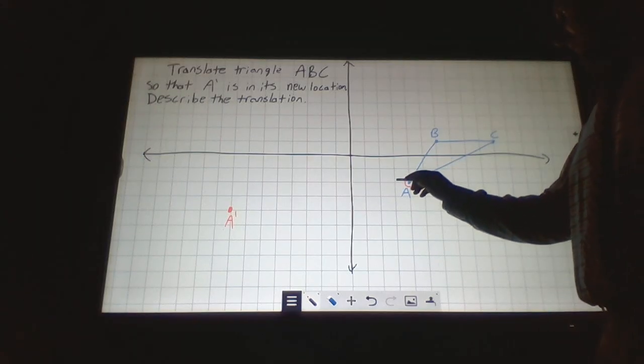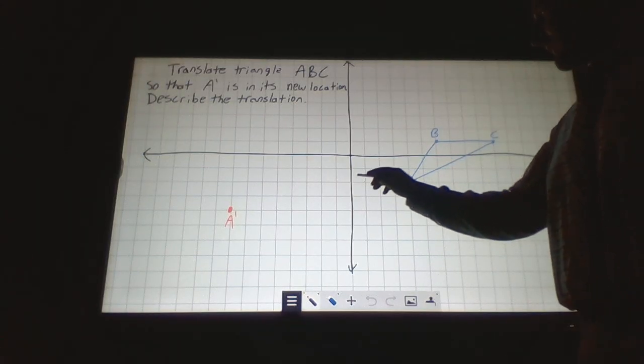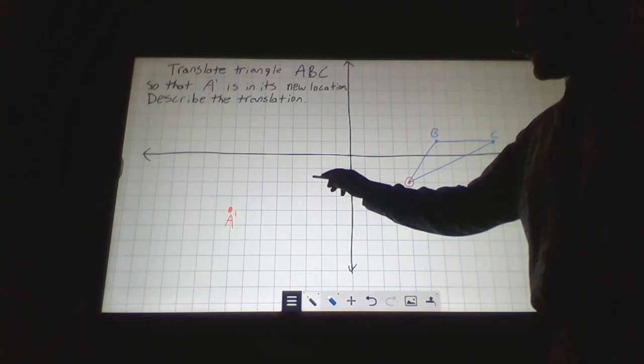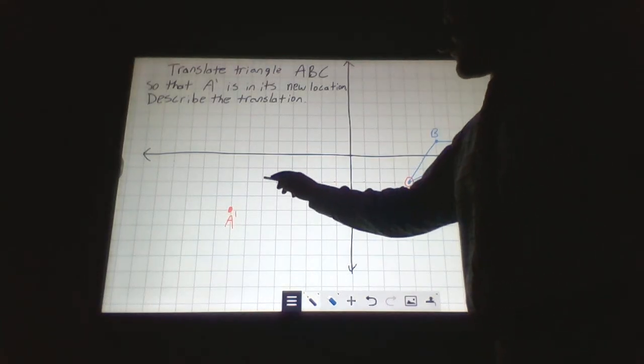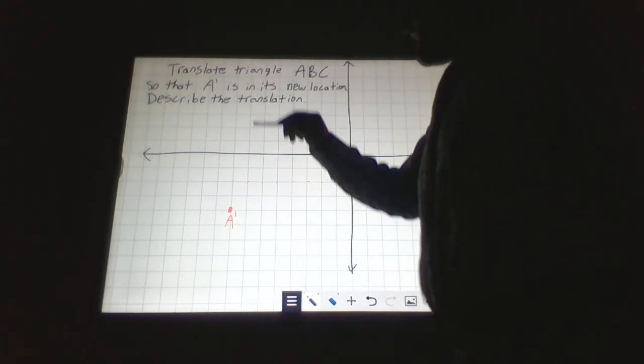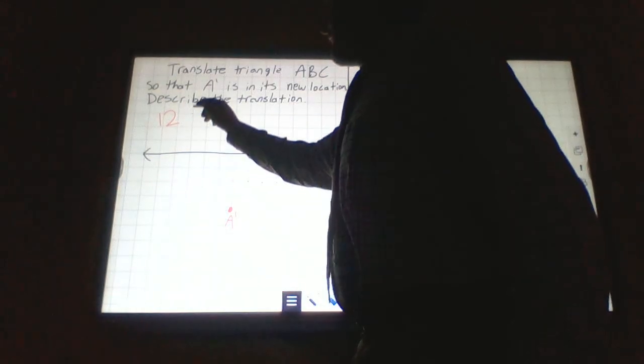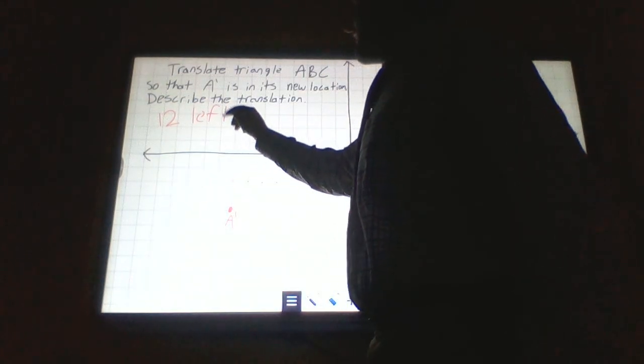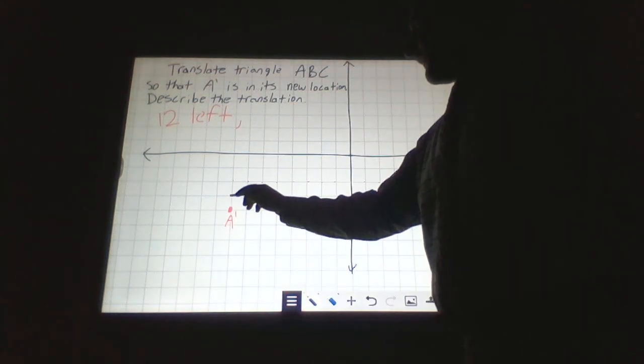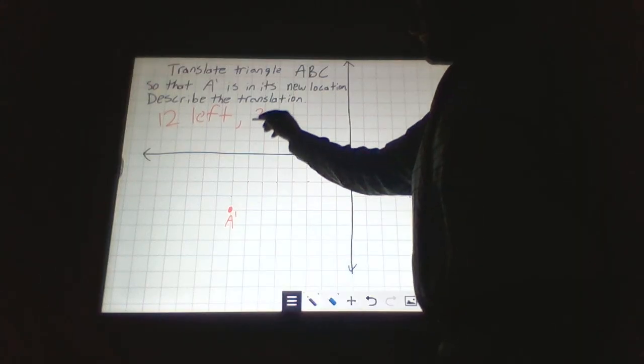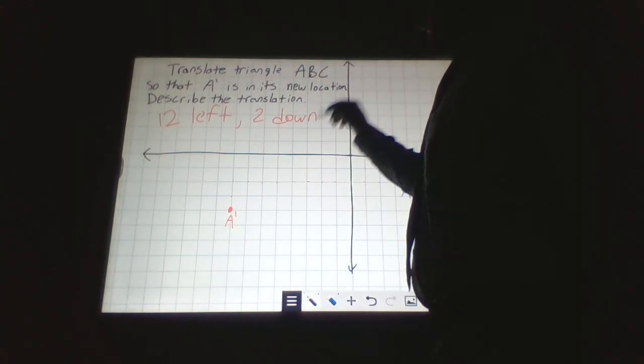So we calculate how we get from A to A prime. We're going 1, 2, 3, 4, 5, 6, 7, 8, 9, 10, 11, 12 to the left, and then 2 down.